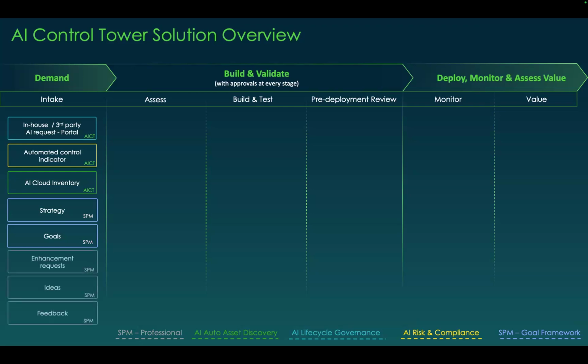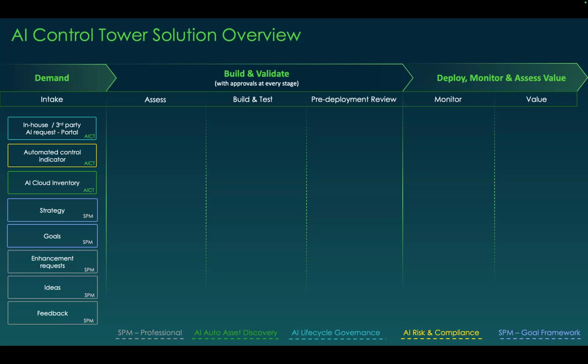The SPM professional is where you start to look at your enhancement requests, your ideas, the different feedback links as well. And we can start to link budgets in there. We can have user allocation. And that's where there's a lot more meat associated with the project itself or the idea itself around the AI agent. Those are the areas in which the agent can actually be ingested and trigger off the workflow and the different playbook or runbook.